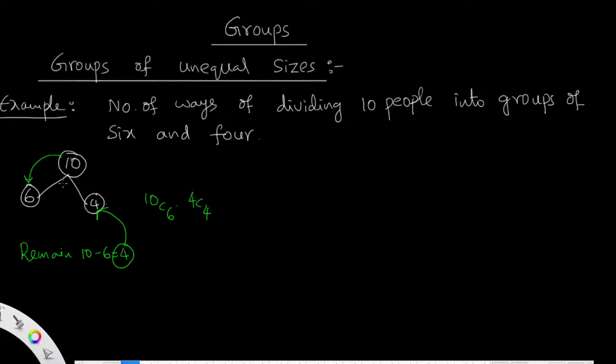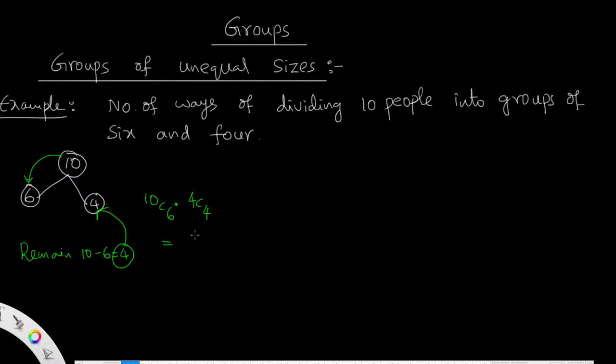So out of 10 students we select 6 people in 10C6 ways, and the remaining 4 people form the next group in 4C4 ways.